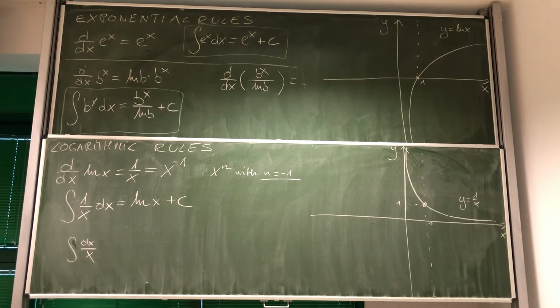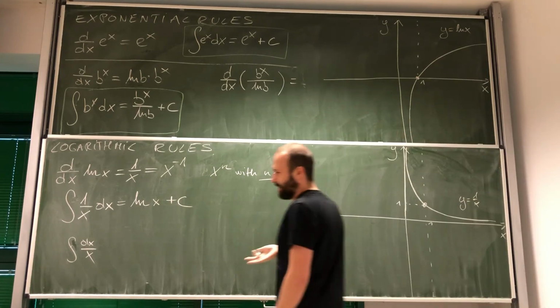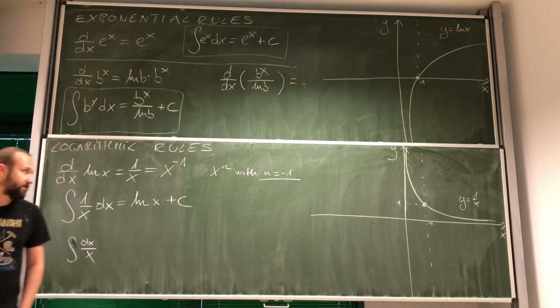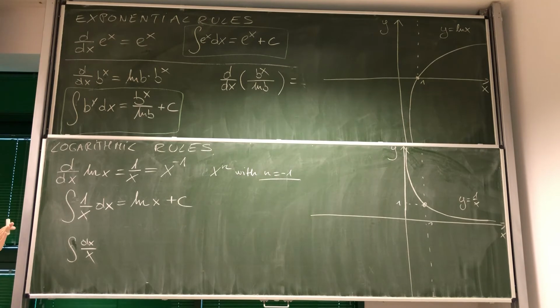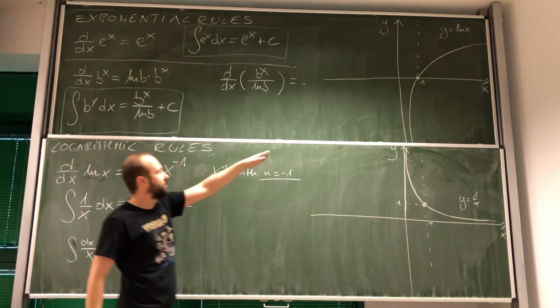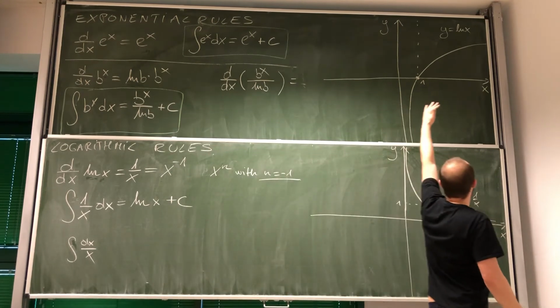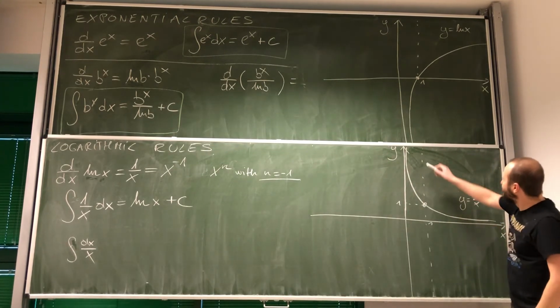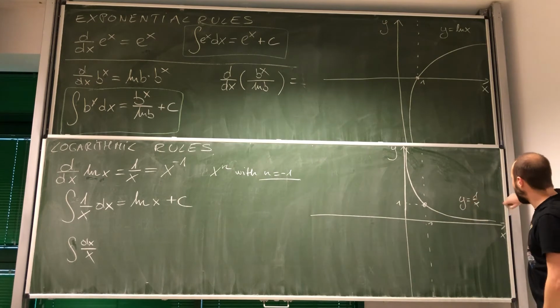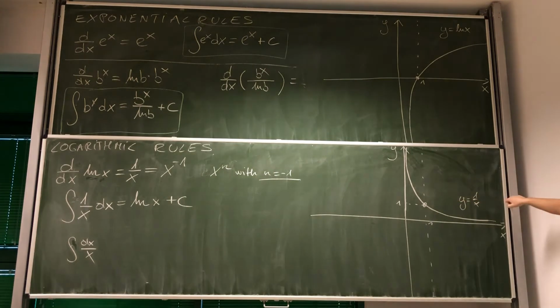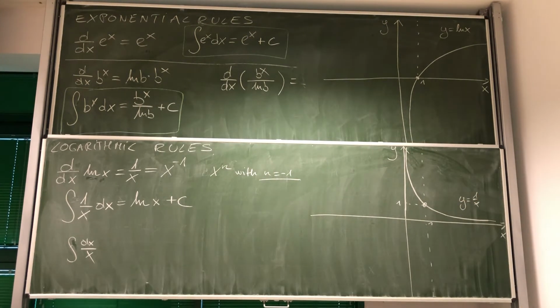Okay, and look how amazing is the result that we get. Let's just enjoy it for a second. It turns out that if I want to know the slope of ln x at any point in its domain, all I need to do is read this point from the hyperbolic function, the reciprocal function 1 over x.